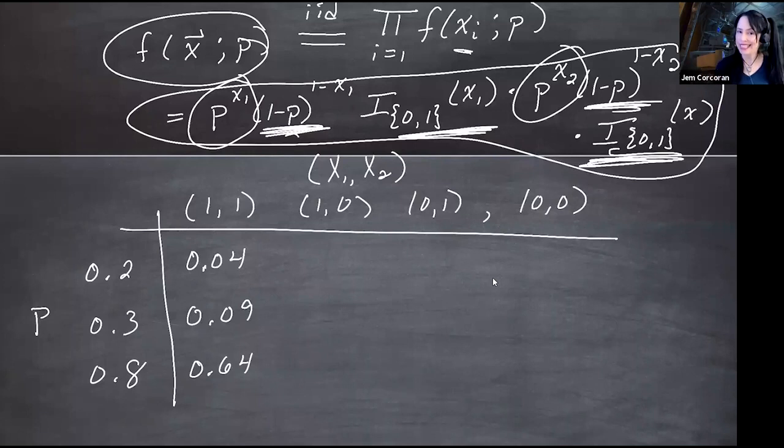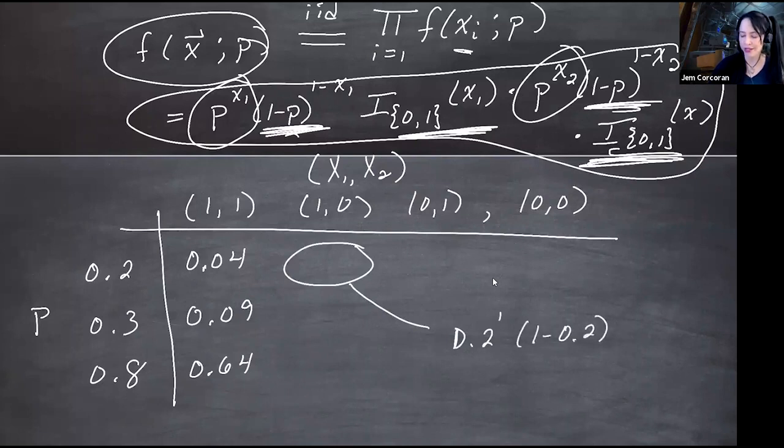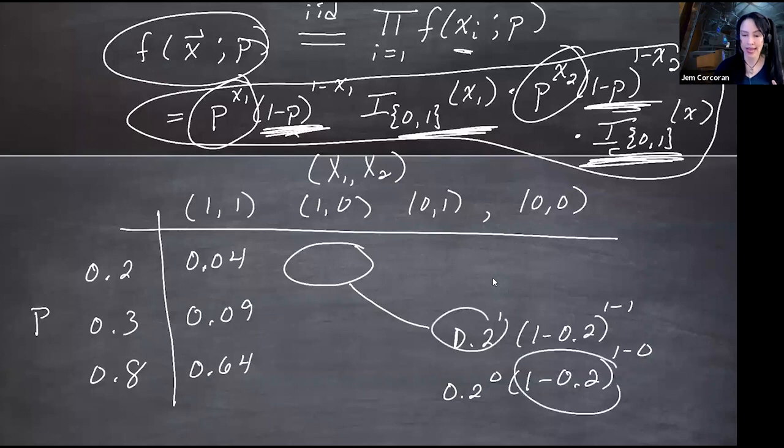But continuing, for this entry, I'm going to use p equals 0.2, and I'm going to have 0.2 to the 1, times (1 minus 0.2) to the 1 minus 1, if you will. And the other PDF is going to give me 0.2 to the 0 times (1 minus 0.2) to the 1 minus 0. So I'm going to be left with 0.2 times 0.8, which is 0.16.